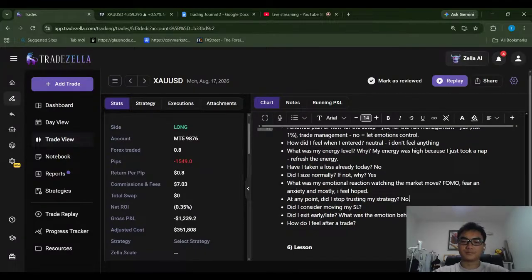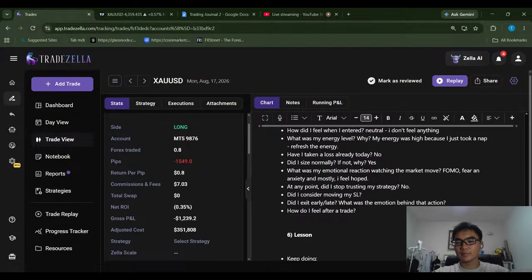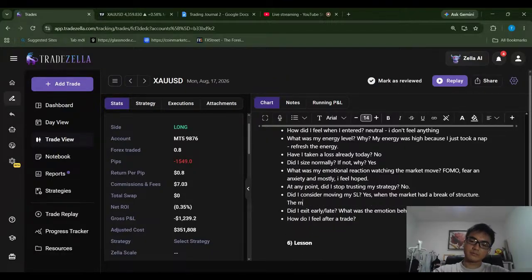Did I consider moving my slot? Yes. When the market had a breakup structure, the momentum was pretty good to target the new high, the previous day high.